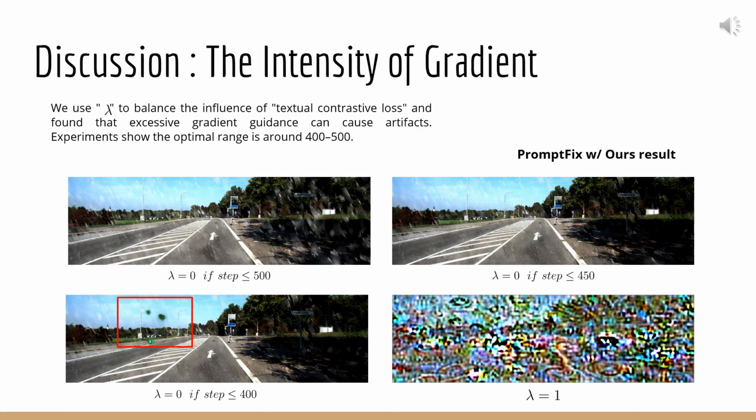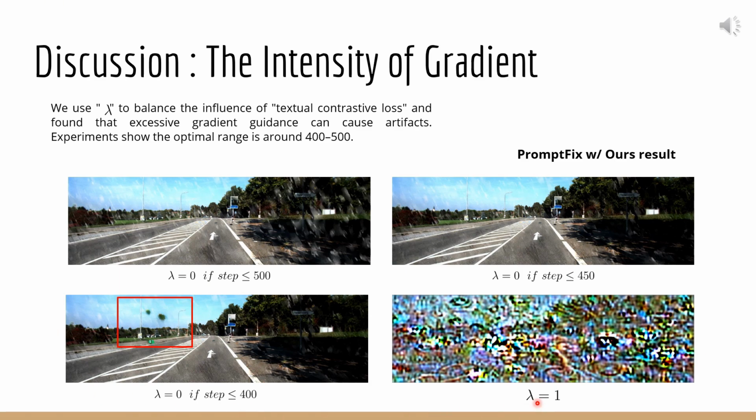Our method uses a weight parameter, lambda, to balance the impact of contrastive guidance. We noticed that too much gradient guidance can cause artifacts. This happens because overly strong guidance disrupts the original diffusion sampling process, making it lose its ability to guide properly and drift toward the wrong data distribution.